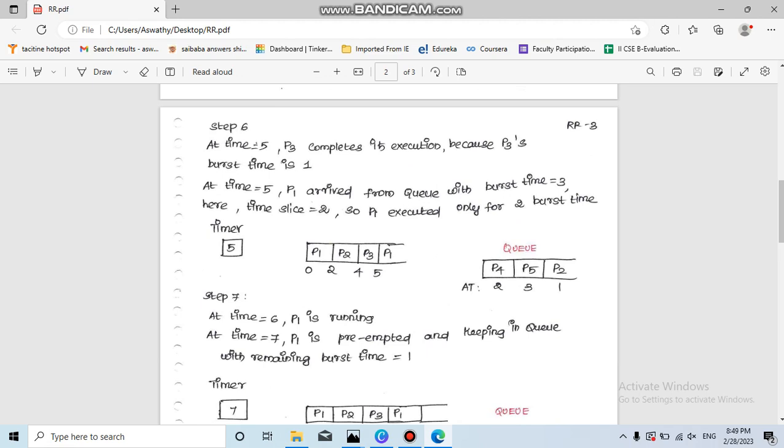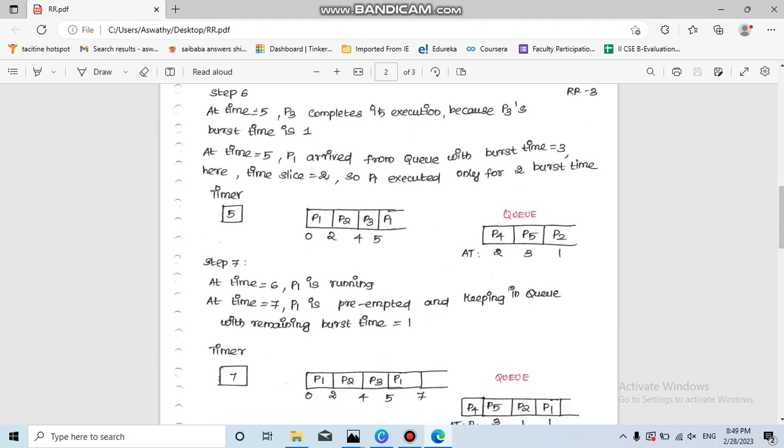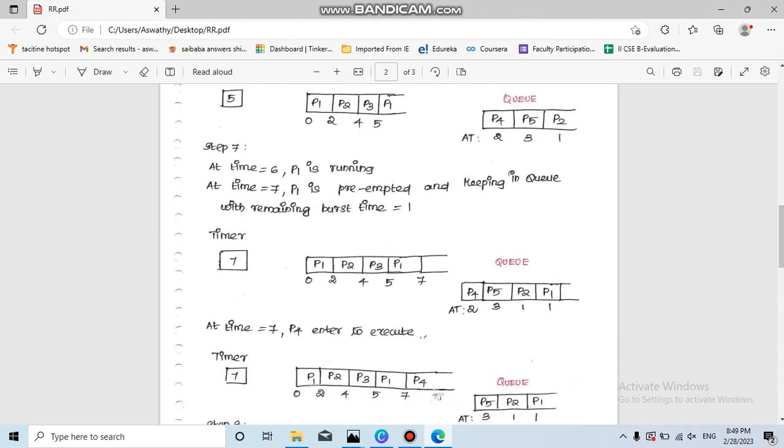P3 executes its burst time and next P1 waits inside the queue, so the scheduler is given to P1. P1 is holding burst time 3 and since we have only a 2 time slice, P1 starts to execute, and at time 7, P1 completes its slice with only 1 burst time remaining, so it is added at the back of the queue.